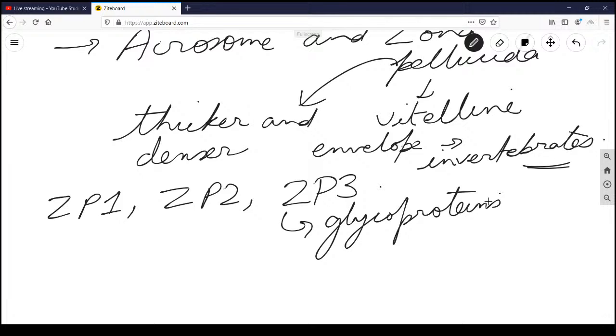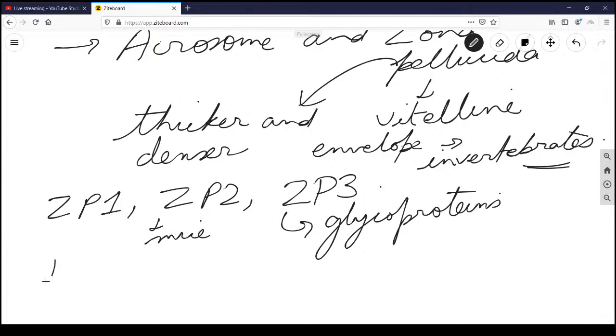They could be N-linked or O-linked glycosylation done by glycosyl transferase enzymes present in the Golgi apparatus, right? After translation, post-translational modifications, these are PTM. The human zona pellucida has one more major glycoprotein known as ZP4. These three are present in mice.